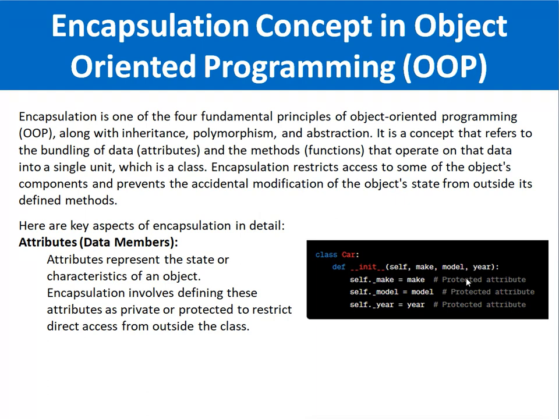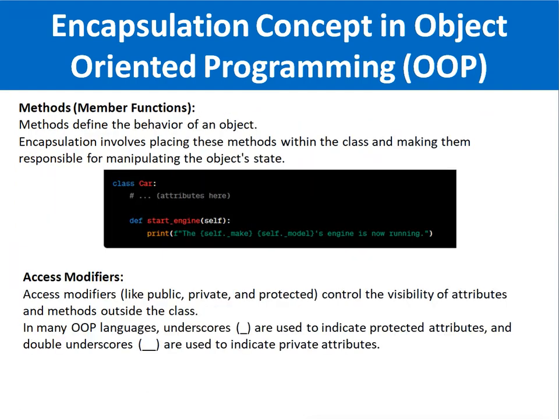Protected means that only this class or a child class of this car can use it. Any other object which is not of this class or a child class cannot access the protected attribute. The parent-child concept means that the parent is the base class and the child class is inherited from the base class. So protected means that only the base class or the child class can access the protected attribute. Any other object of another class cannot access it.